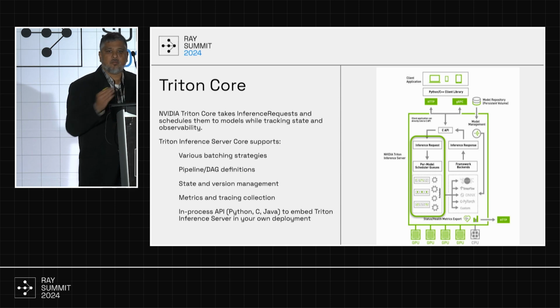Even if you're going cross-framework, we can make sure that we use a zero-copy between, let's say, a PyTorch model and a TensorRT model. It also offers state and version management, so you can update your models on the fly. So we have APIs around that.